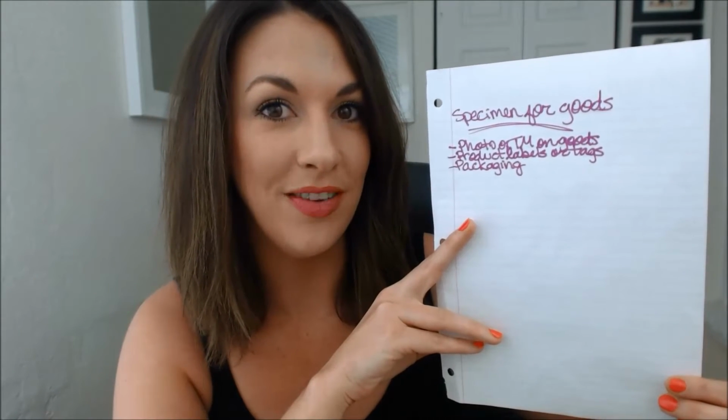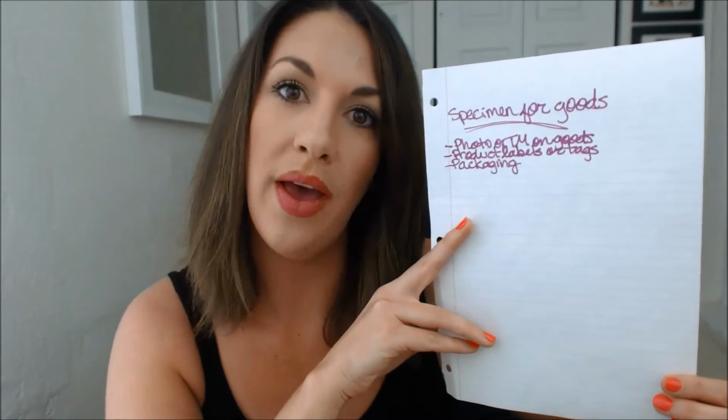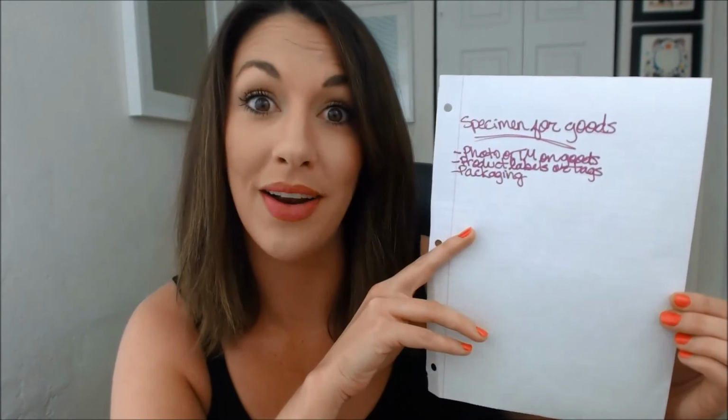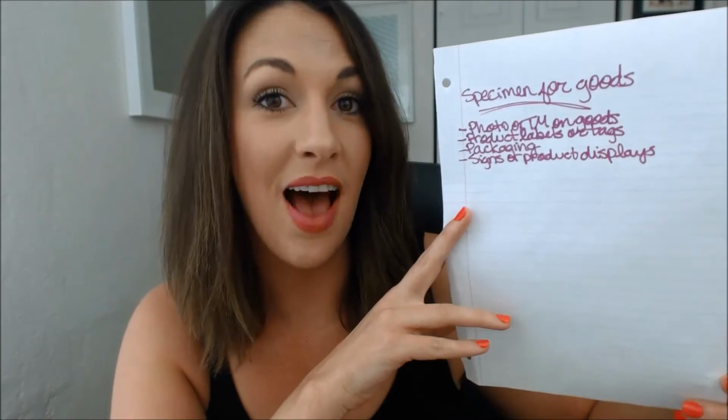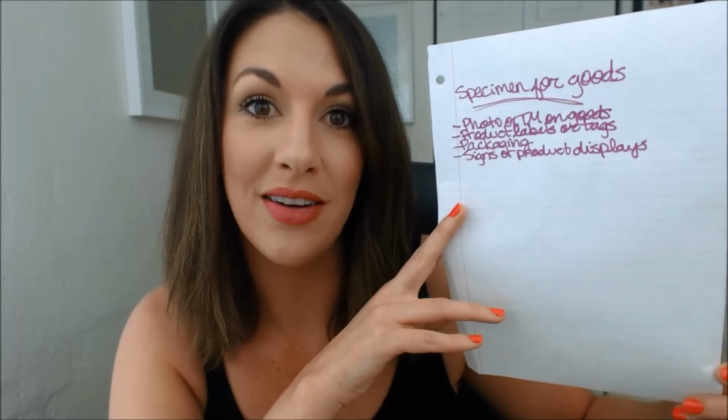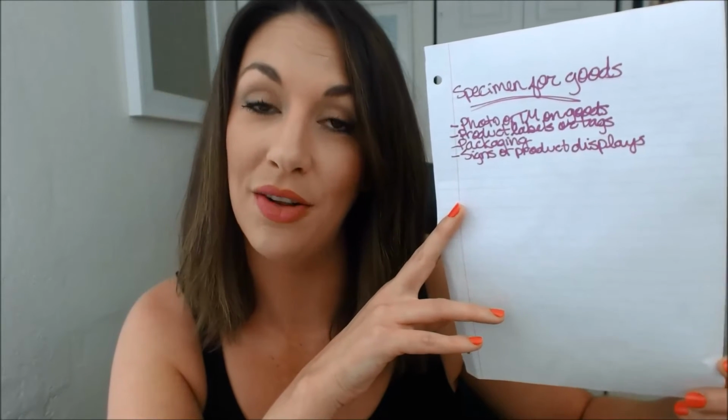Packaging is also a great specimen. If you're selling toys or dolls and it's in a package that shows the trademark and the product itself, that will do. Signs or product displays will often work. If you have a banner showing your product along with the trademark, that'll do.